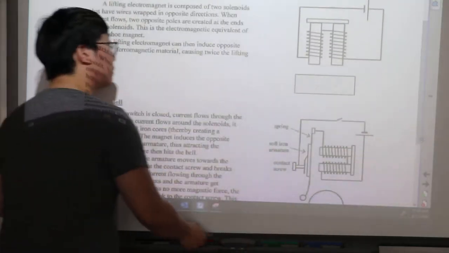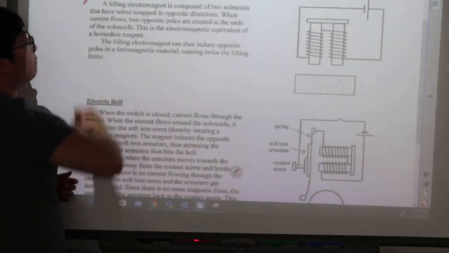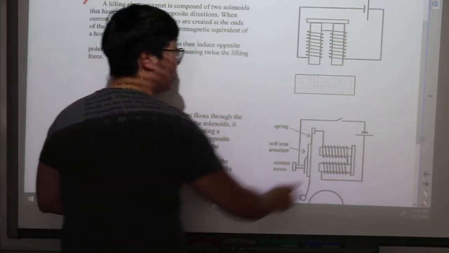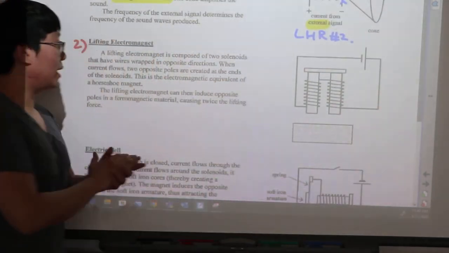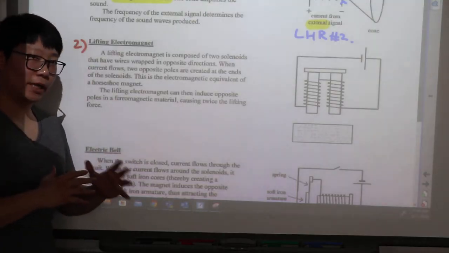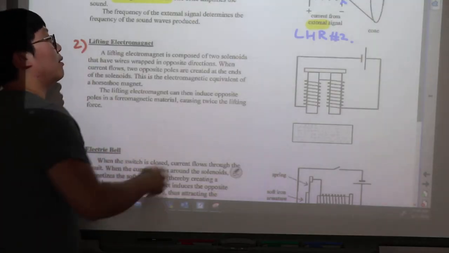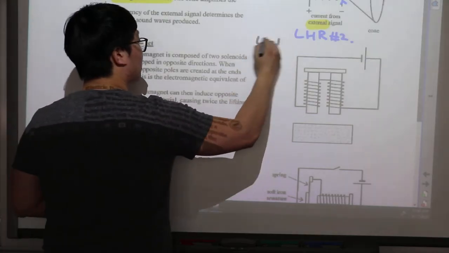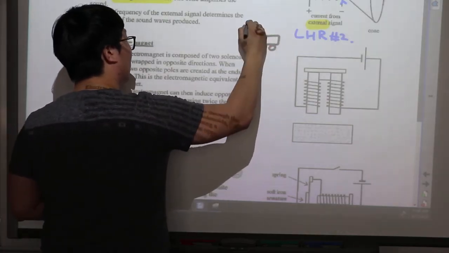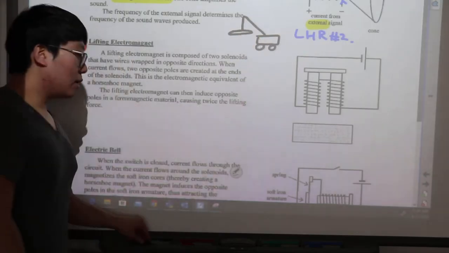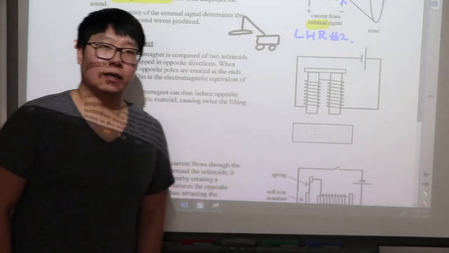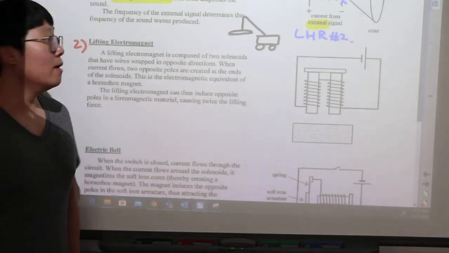Number 2, any type of lifting electromagnets. When it comes to this, think about it like a construction site, or technically more of a car recycling field, something like that.